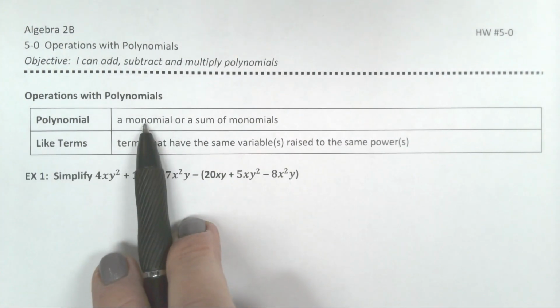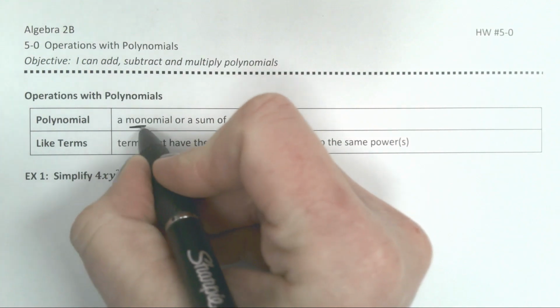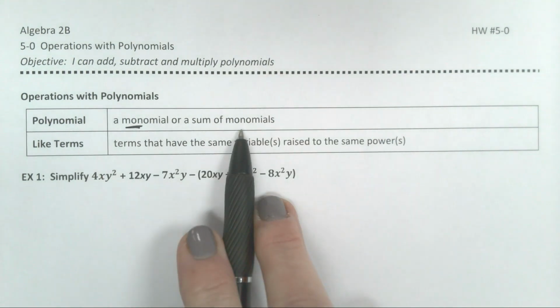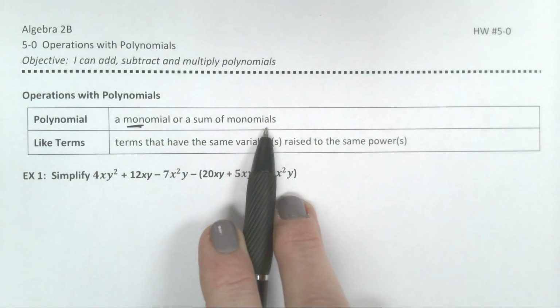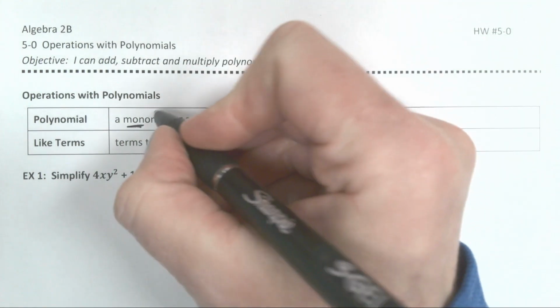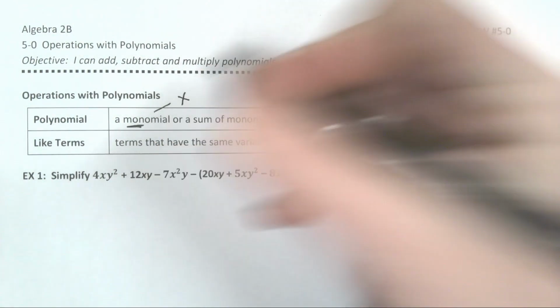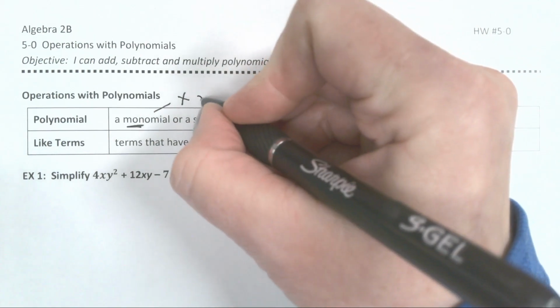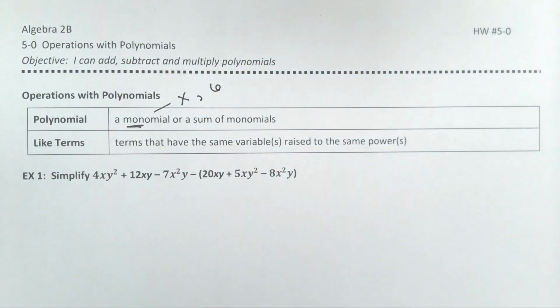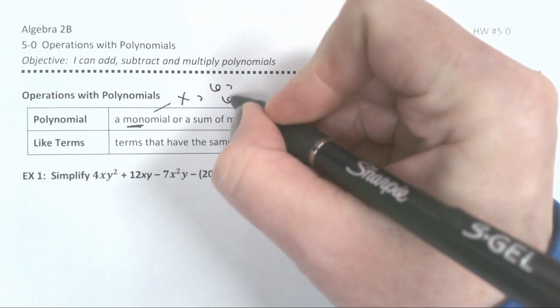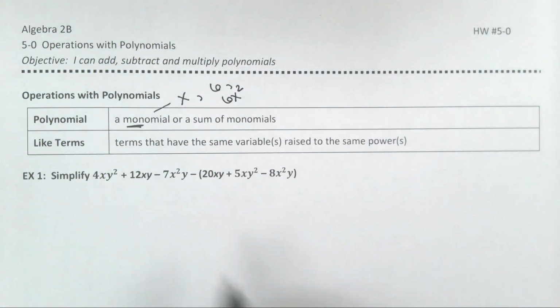A polynomial is a monomial, or a sum of monomials. A monomial is just one term. It could be a letter like x, it could be a number like 6, or you could multiply them together and it could be like 6x squared.